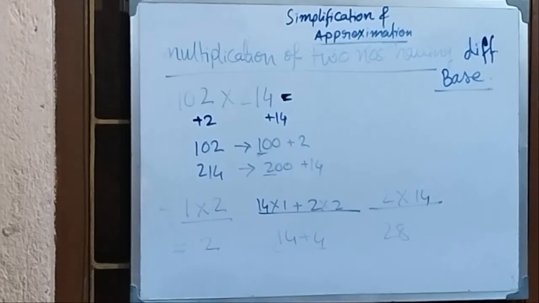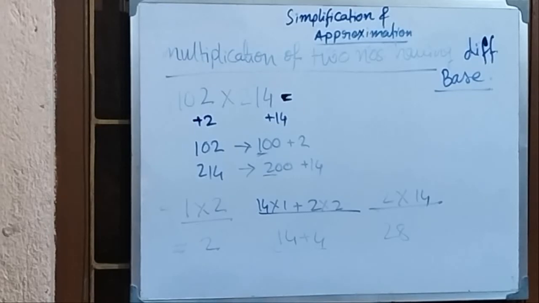See, in the first part 102, 2 more than 100, and in the second part 214, which is 14 more than 200. But in these two cases, the base is different. In the first case, the base is 100, and in the second case, the base is 200. And what have we done then?